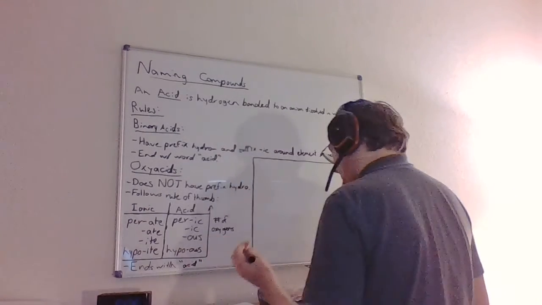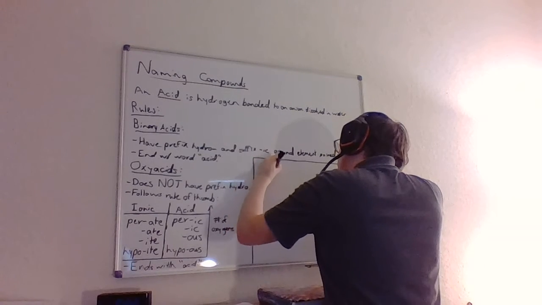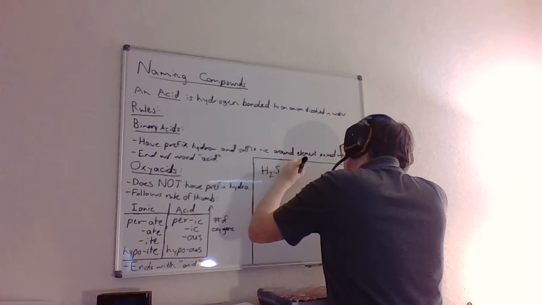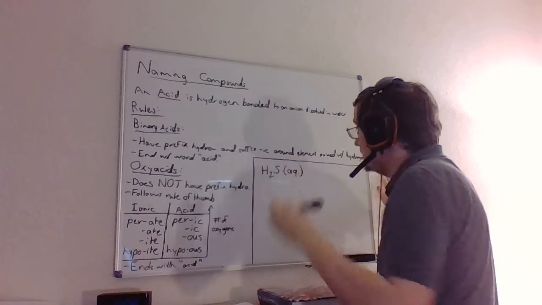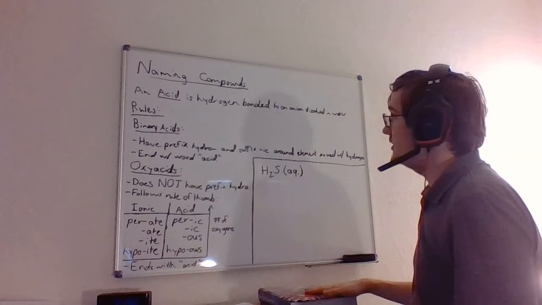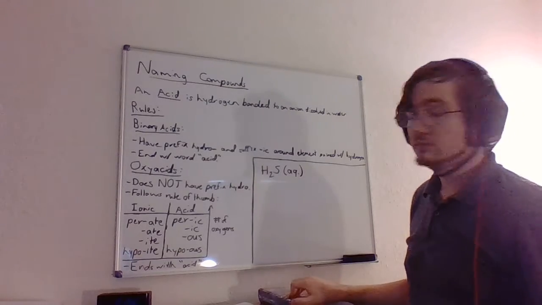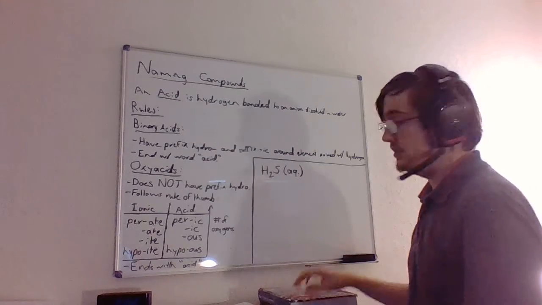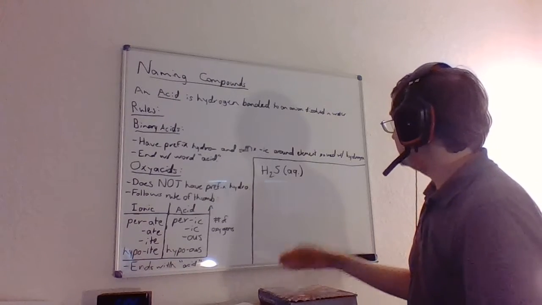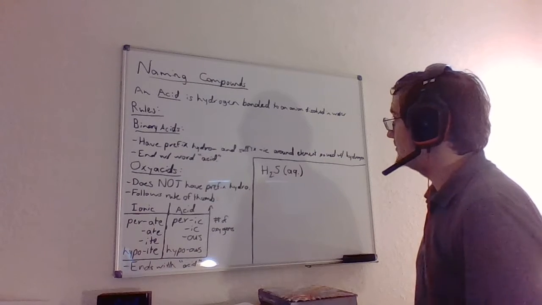So let's say we were given the compound H2S, and again it's aqueous, it's dissolved in water. What would we name this? First off, we want to determine if it's binary or an oxyacid. Well, it's hydrogen and one other thing. In this case, that one other thing is sulfur, so it would be a binary acid.